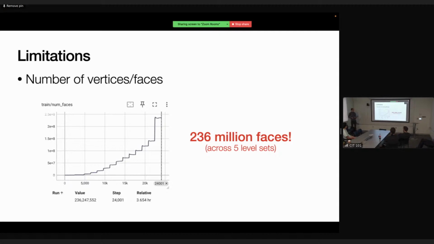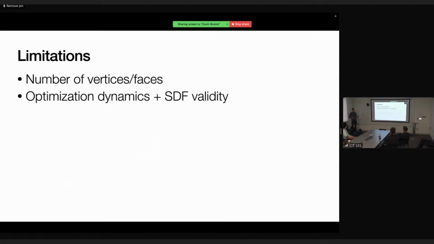Thanks. Okay. Then the next limitation is the optimization dynamics. The optimization dynamics here are a bit trickier than with NeRF. NeRF is very nice because you always control the sample spacing, and you have gradients from everywhere in space, even though a lot of stuff is just there or occluded.